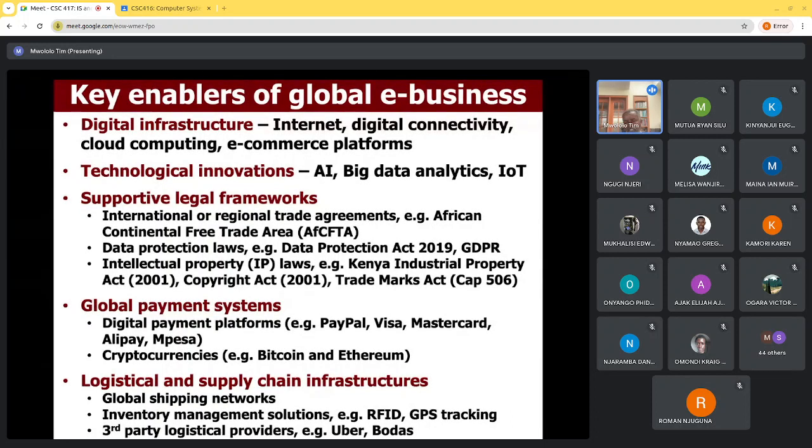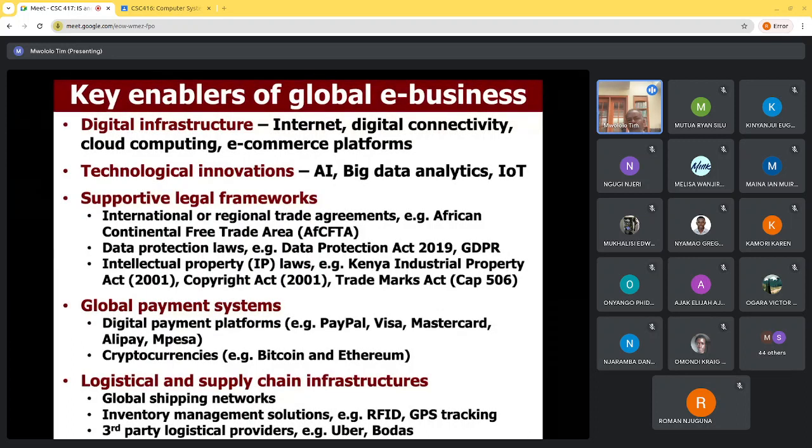When you send something by any of these couriers, you can track where it is in the system through GPS. And then, of course, at the end, you require all these third-party logistical providers to reach your eventual customer.